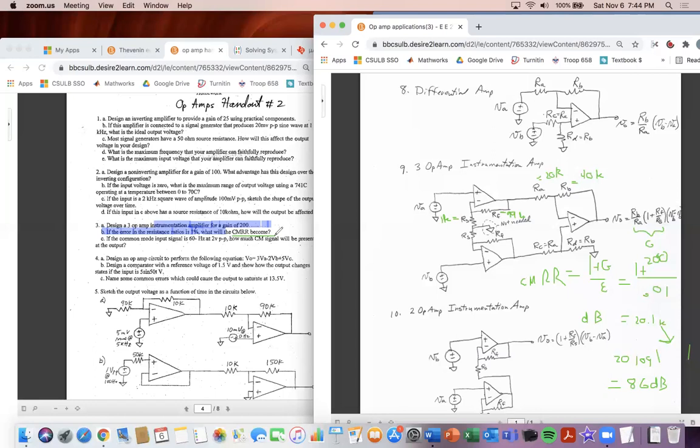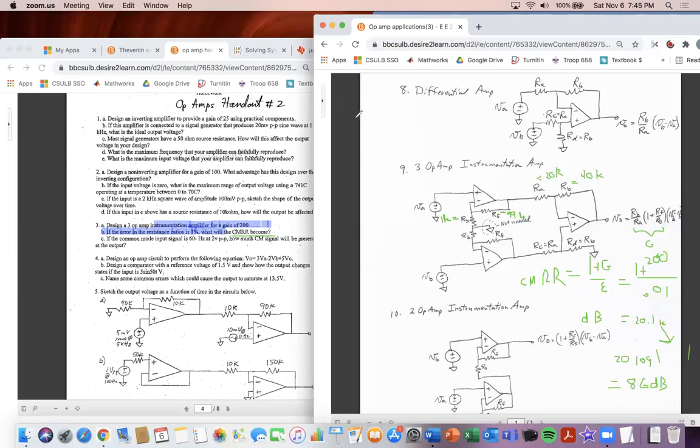Okay, here we go. So for this one, for part 3, this one is based off our equation for the common mode rejection ratio. So for part C, what we need to do, we need to go with our equation, which we know for common mode.